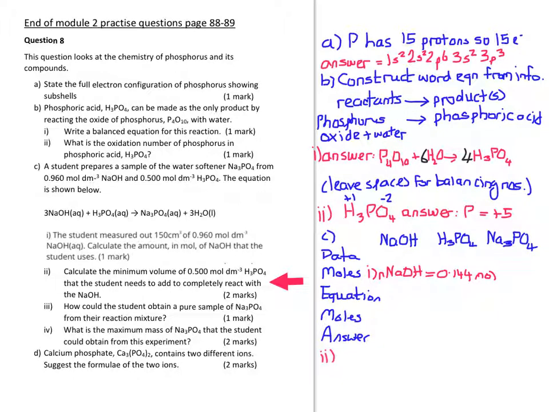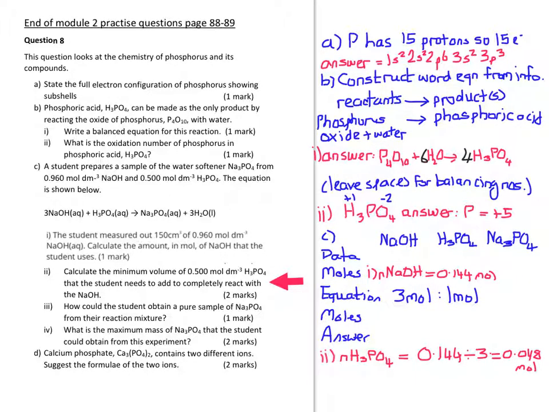Then it says calculate the minimum volume of 0.500 mole per decimetre to the minus 3 H3PO4 that the student needs to add to completely react with the NaOH. So what we've got to do is look at the mole ratios.